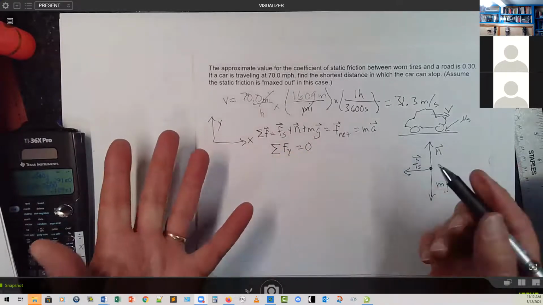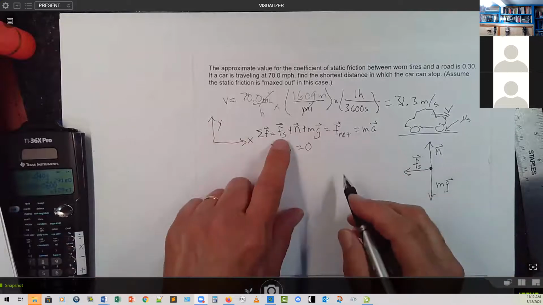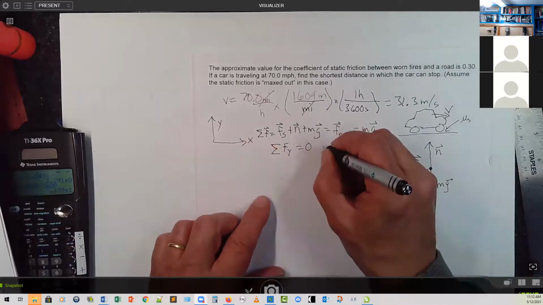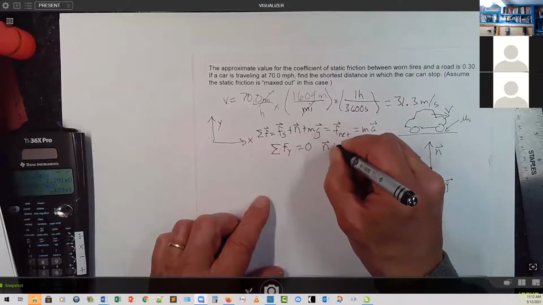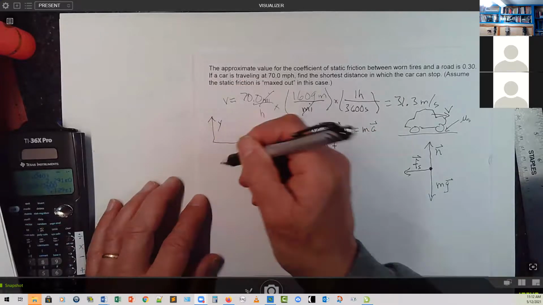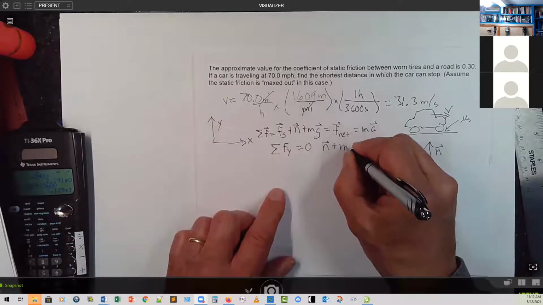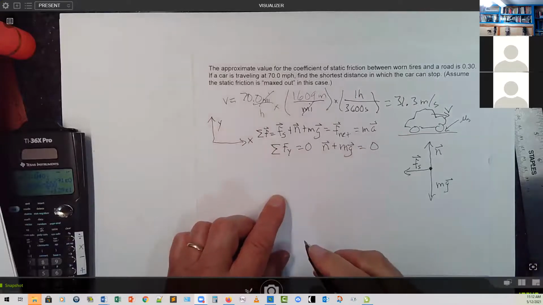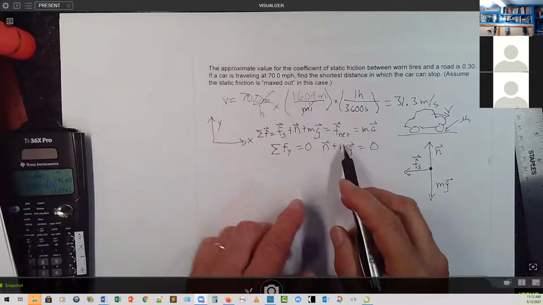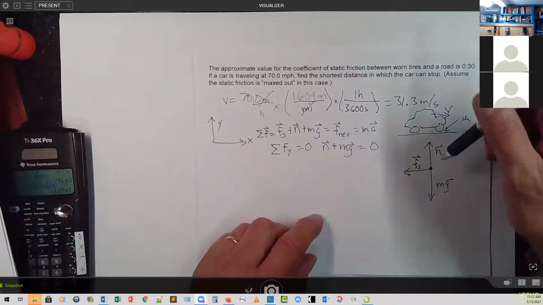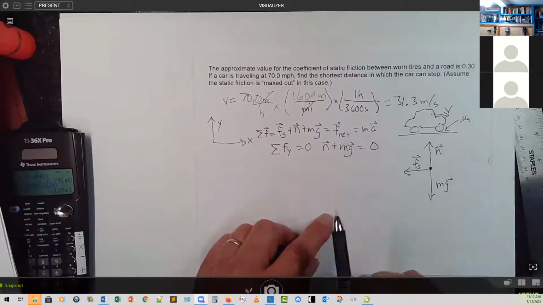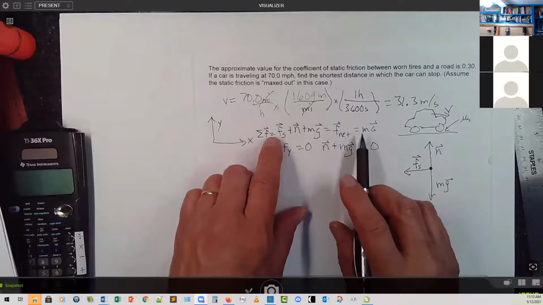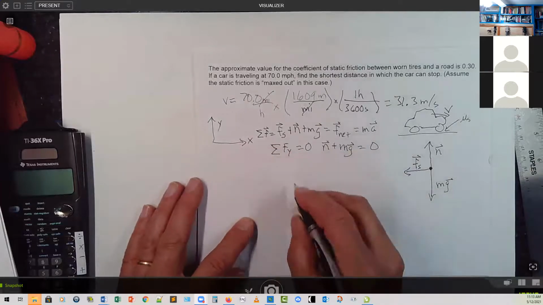There's nothing going on in the y direction, and so what I know from that is that the ones acting in the y direction, either up or down, that's n and mg. Those two add to 0, because the car isn't falling through the road and it's not jumping off the road. So I know those forces have to add to 0. And so what's left is the sum of the forces in the x direction.